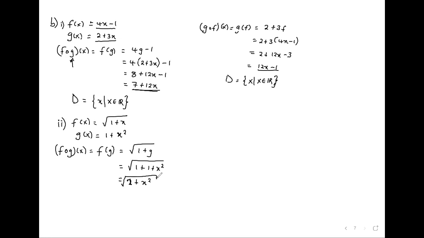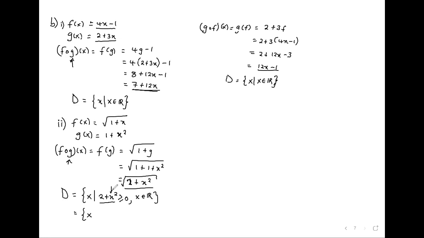So now we want to get the domain. So say the domain is x such that from this one, 2 plus x squared should be greater or equal to 0. And the inner function, the g, x is any real number. Okay? Now the good news is that this guy will always be positive for any value of x, because whatever you bring there, you square it first.